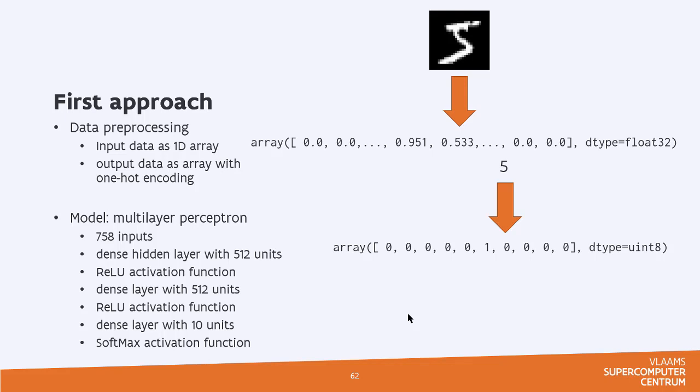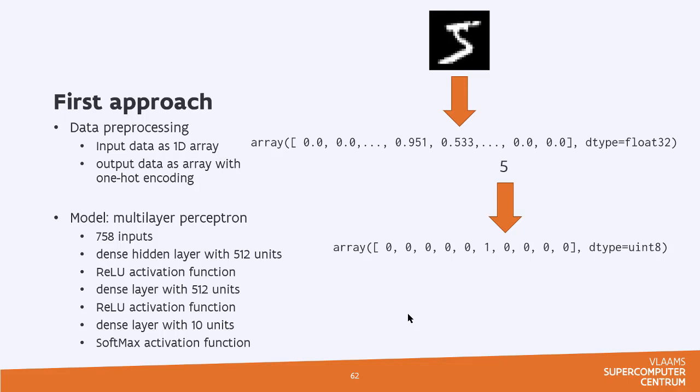The output of these 512 units will be fed into an activation layer, and the activation function which we're going to use is a rectified linear unit, a ReLU. The output will be used as input into another layer, again with 512 units, another dense layer, so each of the outputs through the activation function of the first layer goes into the second layer.